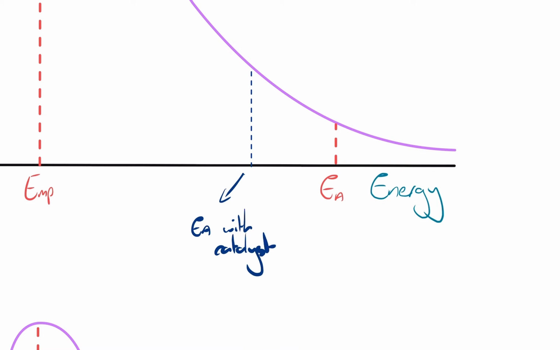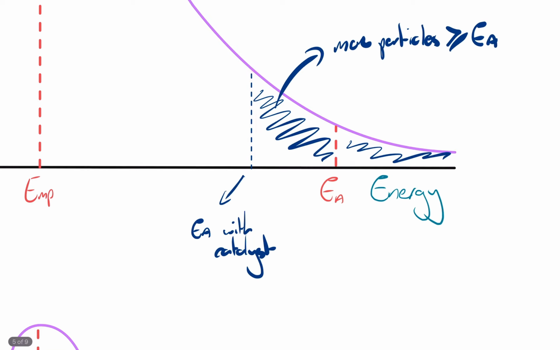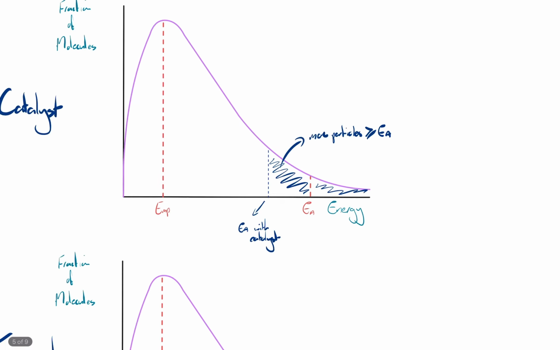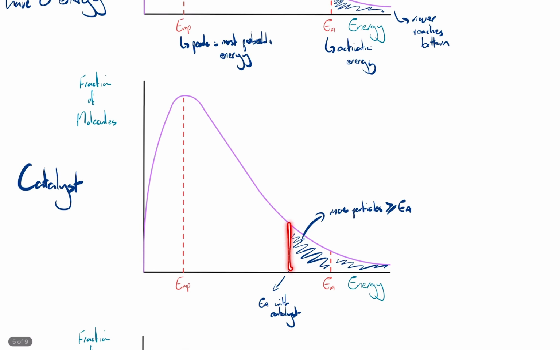And hopefully you can see why now we're going to get more reaction, right? So more particles have at least the activation energy, right? Because that activation energy is now lowered. So when we add a catalyst, that's the only thing we need to add. We need to show that the activation energy is lower.